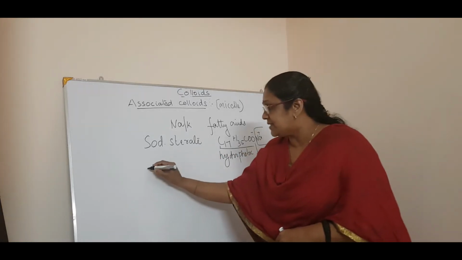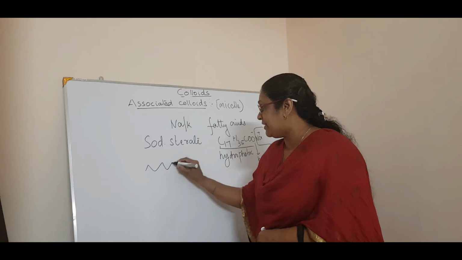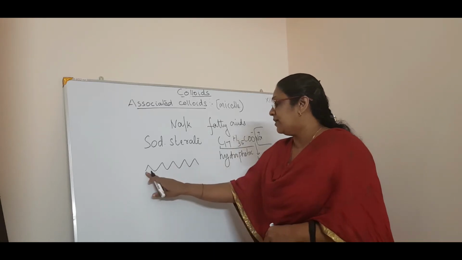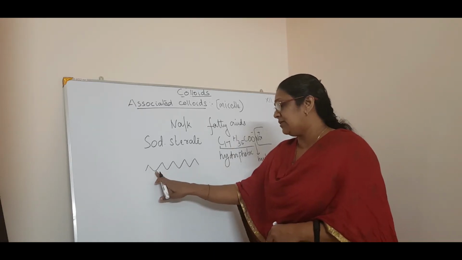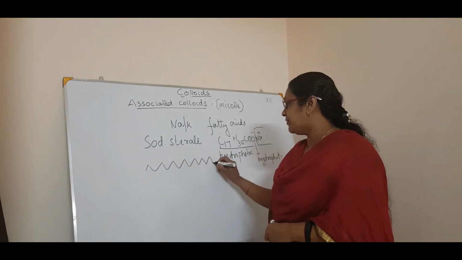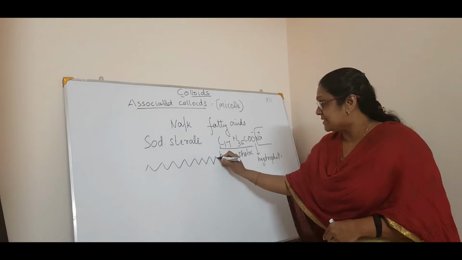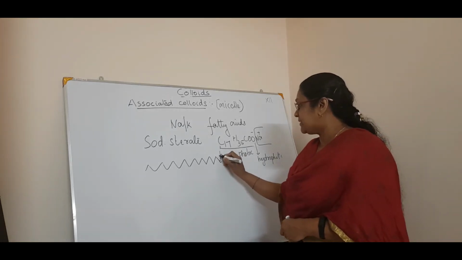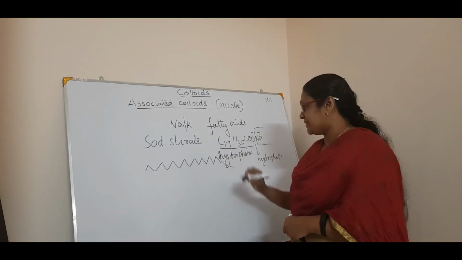If I draw like this, see 17, you have to check whether it is 1, 2, 3, 4, 5, 6, 7, 8, 9, 10, 11, 12, 13, 14, 15, 16. Okay, 17. So here it is C double bond O, O minus, correct?